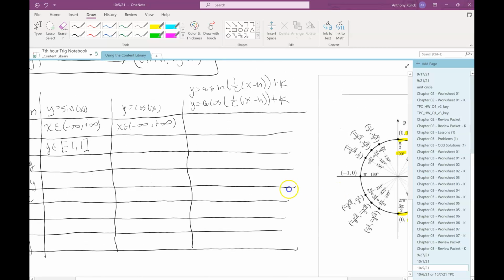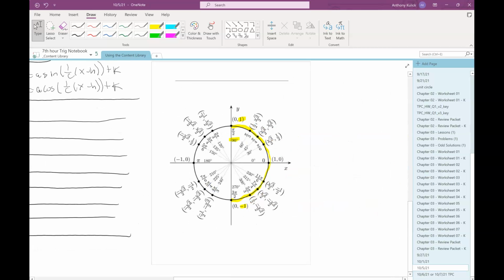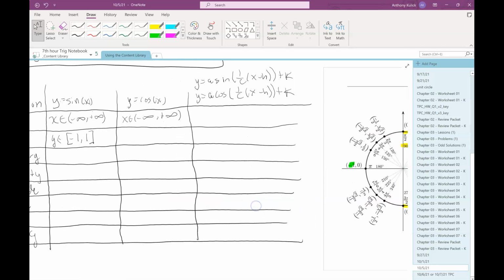For cosine, the outputs are the x-coordinates. The smallest x-coordinate is -1, the biggest x-coordinate is +1, and all the x-coordinates in between are used because the circle is connected in between those 2 points. So the range for cosine is exactly the same.